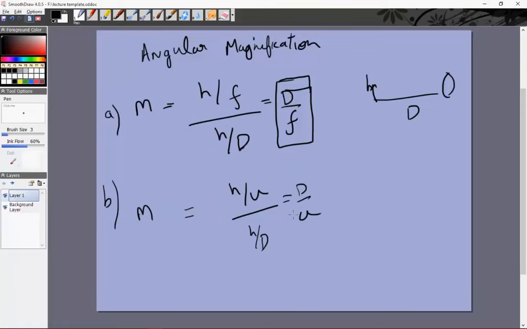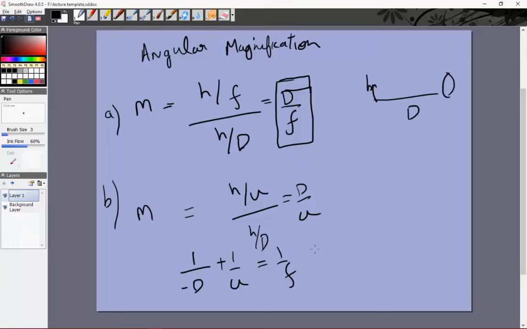And for that we can use the standard lens formula. We know that 1 by v minus 1 by u is 1 by f. So what is v? V here is minus d, right? Because the image is formed at the least distance of distinct vision towards the left side. So 1 by minus d minus 1 by u, that becomes actually plus 1 by u if we take u to be a positive quantity, because minus u would be the quantity with sign, is equal to 1 by f.